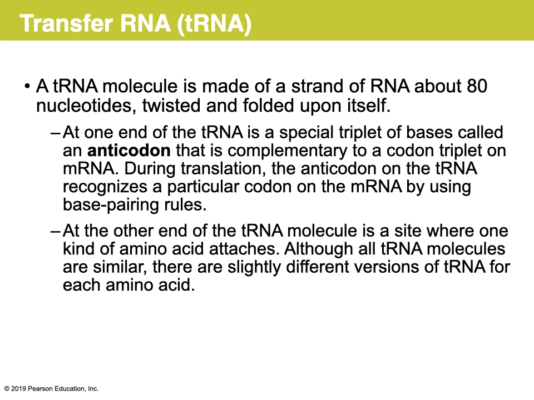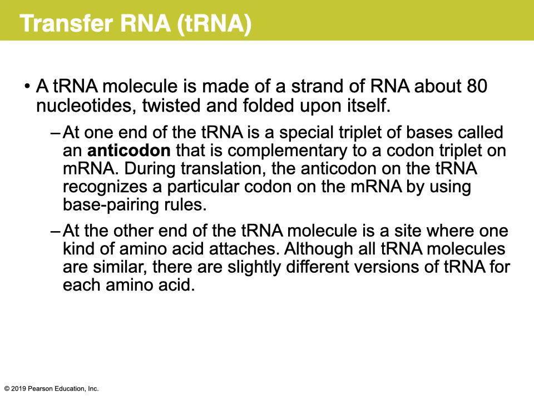Well, the complement to a codon is an anticodon. And so on the transfer RNA, you have the anticodon complementary to the codon on the messenger RNA. So during translation, the anticodon on the transfer RNA recognizes a particular codon on the messenger RNA by using those base pairing rules.